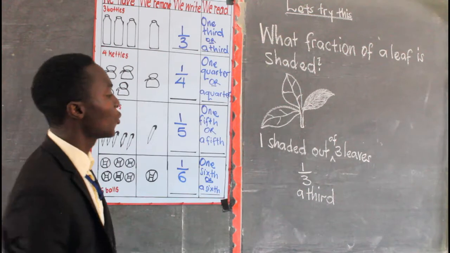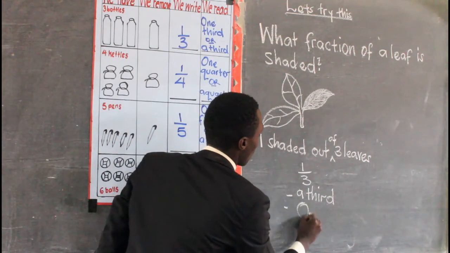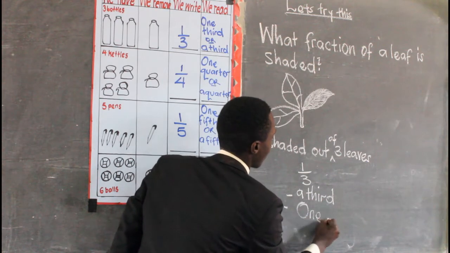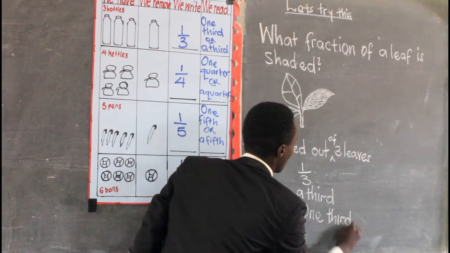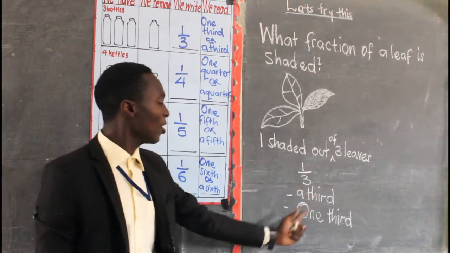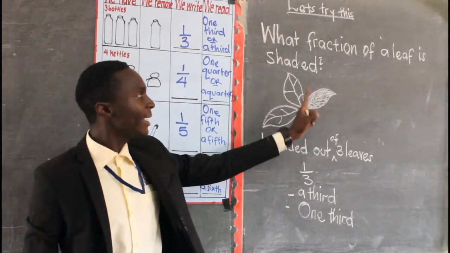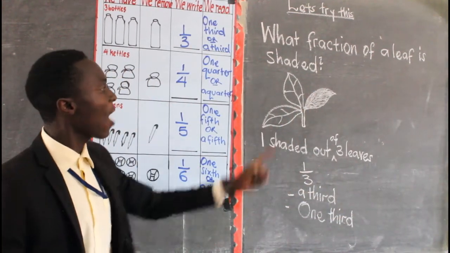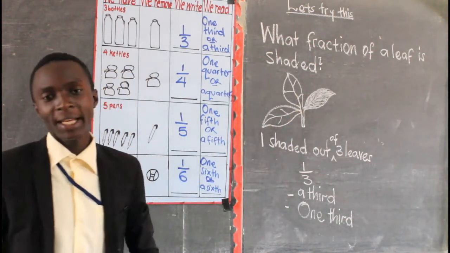Or you can also call it 1/3. You can call it a third or 1/3. Remember, it was 1 leaf which was shaded, out of how many leaves? 1, 2, 3. Out of 3 leaves.